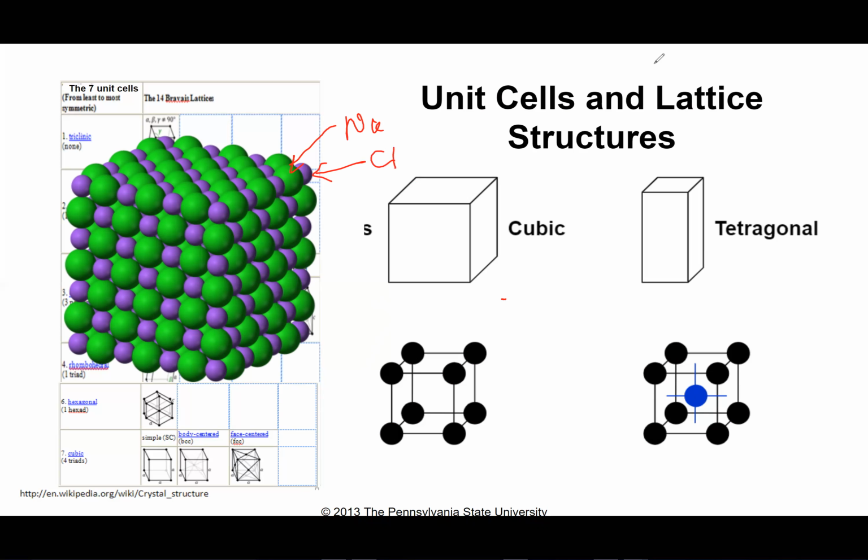So sodium chloride is easy. It's just sodium, chlorine, sodium, chlorine, sodium, chlorine. So the smallest unit that shows the actual pattern is this, where these are alternating, probably. Is that correct?